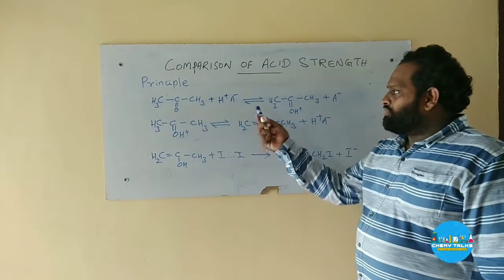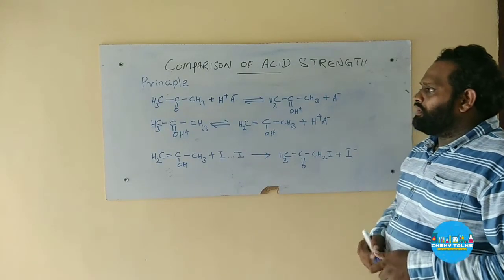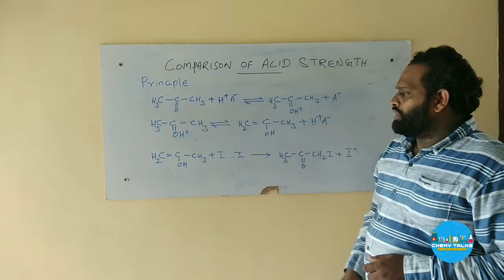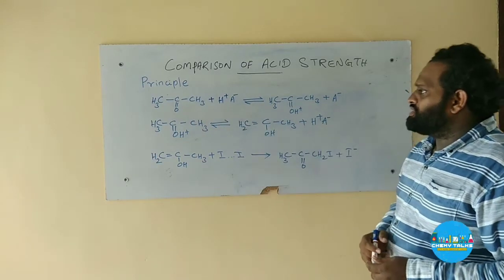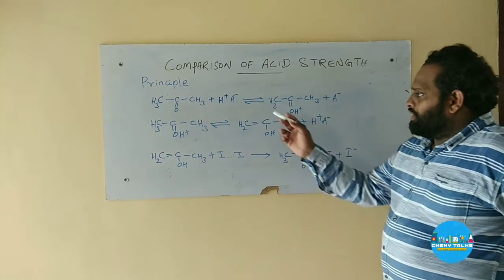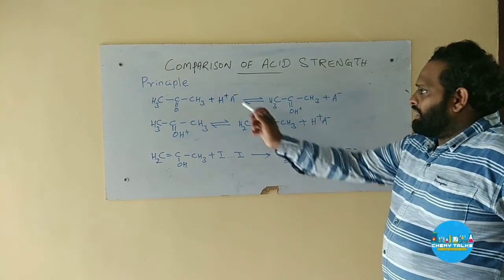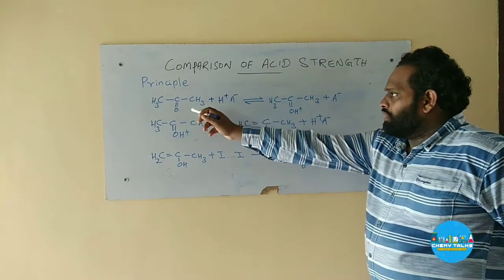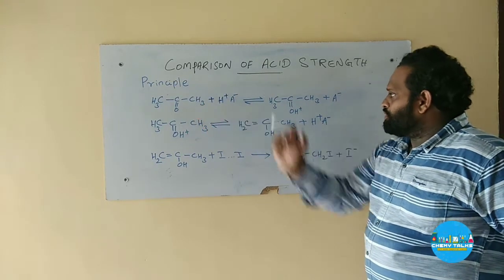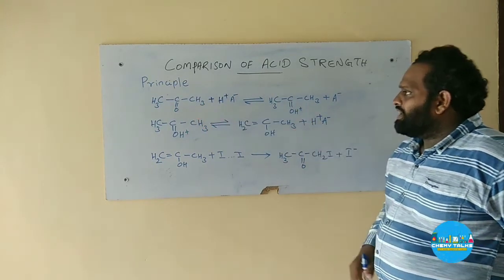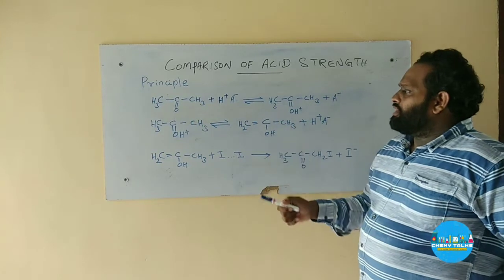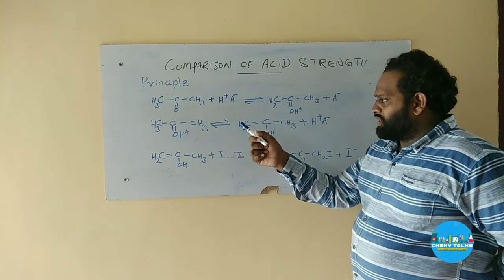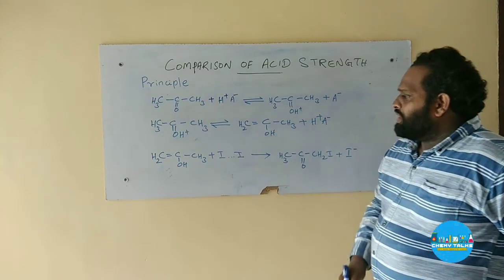From the mechanism of this reaction between acetone and iodine, it is revealed that the initial step is the attack of a proton on acetone, which gives protonated acetone, and hence it is independent of the concentration of the iodine.